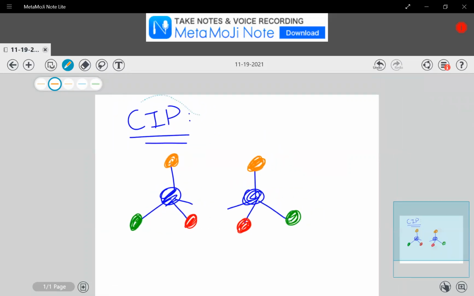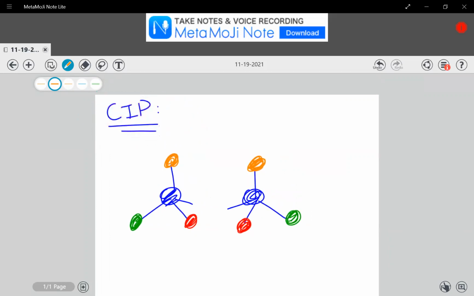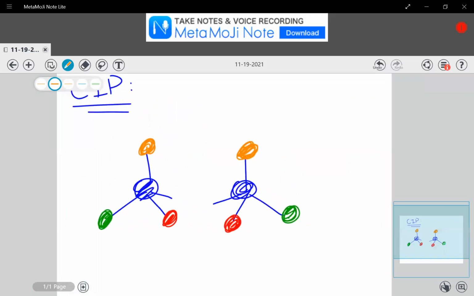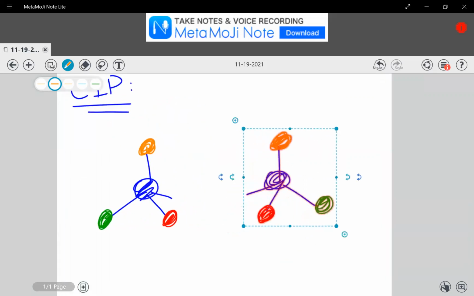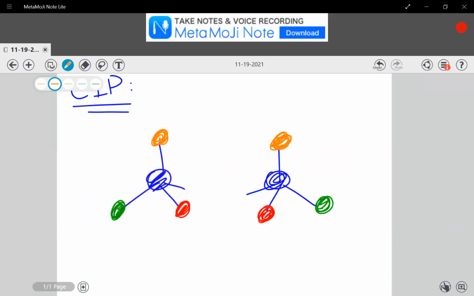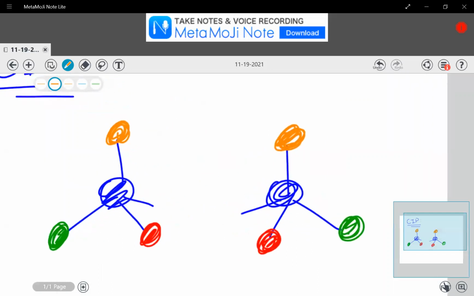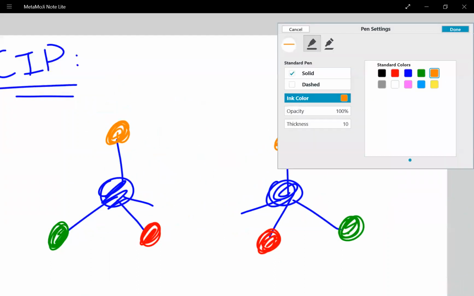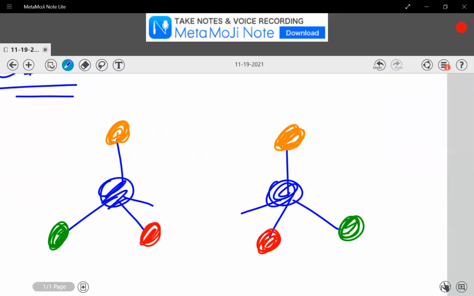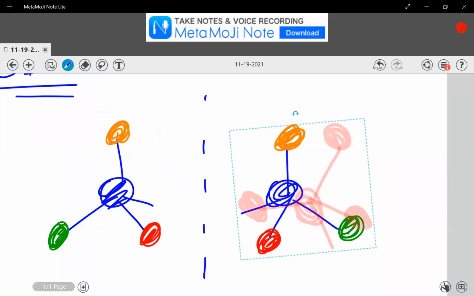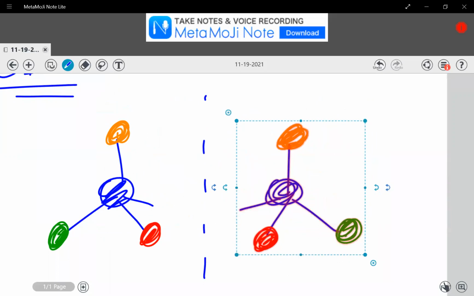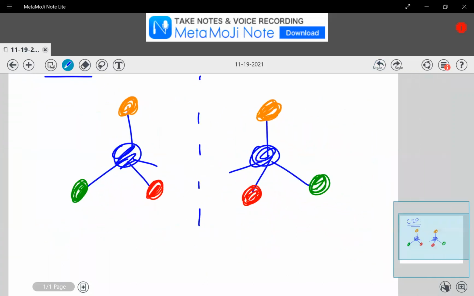Okay? So let's take a look at what R and S actually mean, and how to determine them. Let's start with something really easy, like colors. Let me just check that these are mirror images of each other. So I've got some colors here. I've got my chiral center, my enantiomers, mirror images. They will never match up.